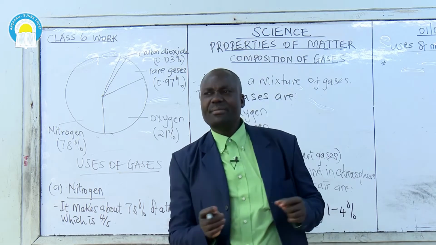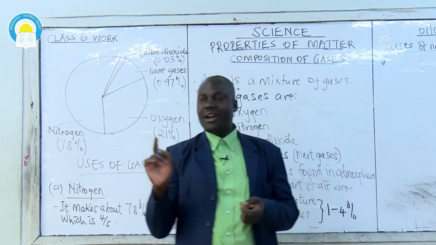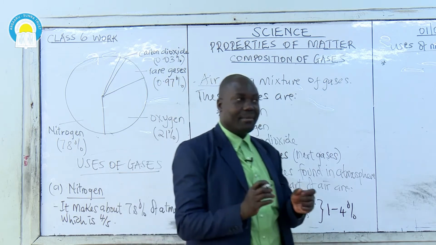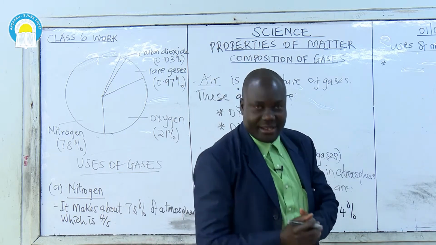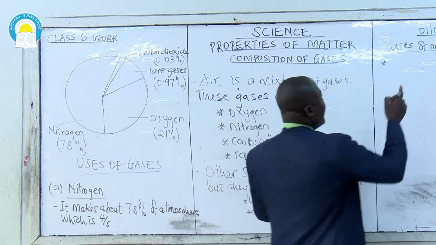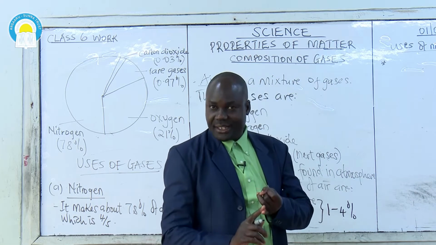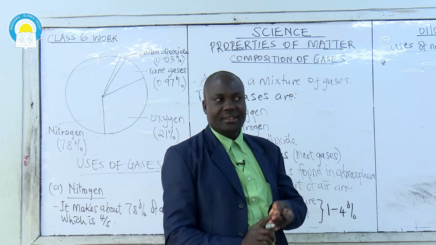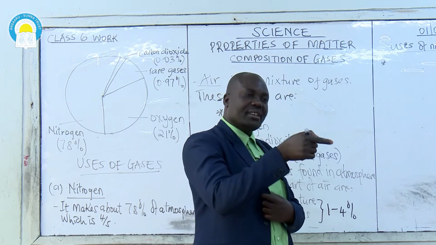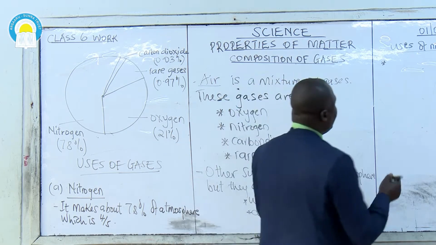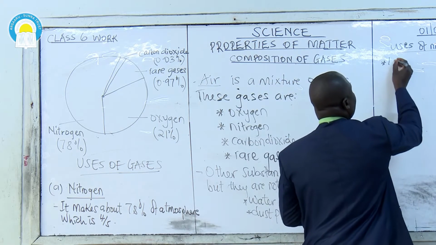When I talk of legumes, I hope you know them because you learned in your Standard 4 a topic known as plants, where you learned about leguminous plants. So nitrogen is used by leguminous plants, for example beans, peas, groundnuts, which use that nitrogen to make protein in their seeds.